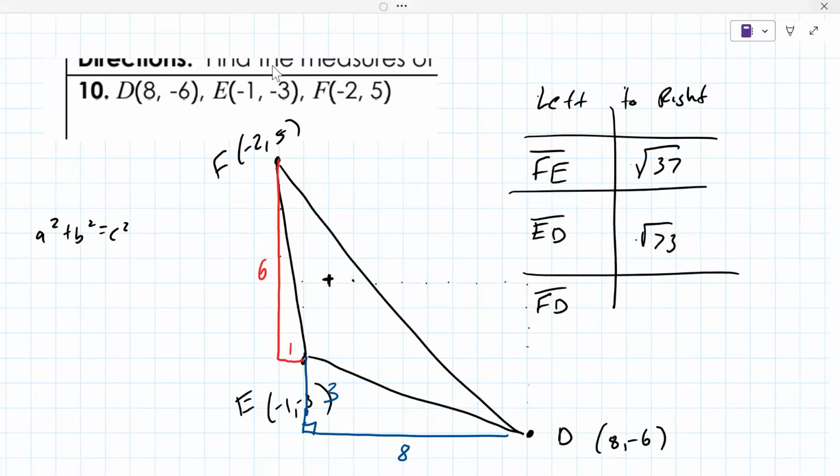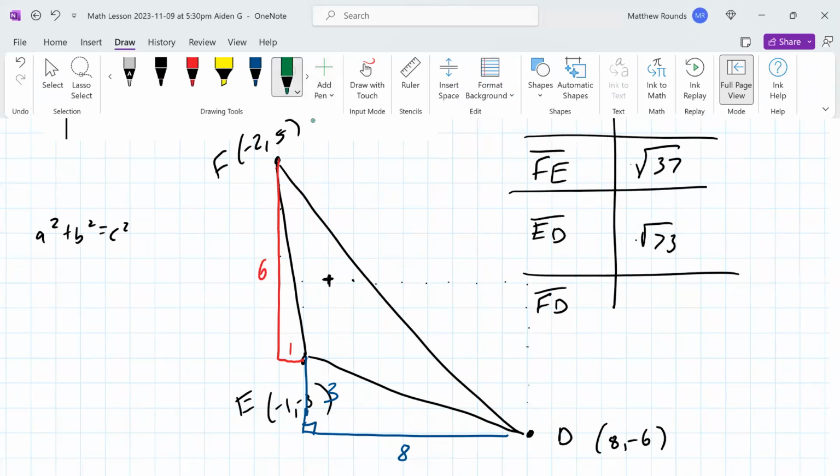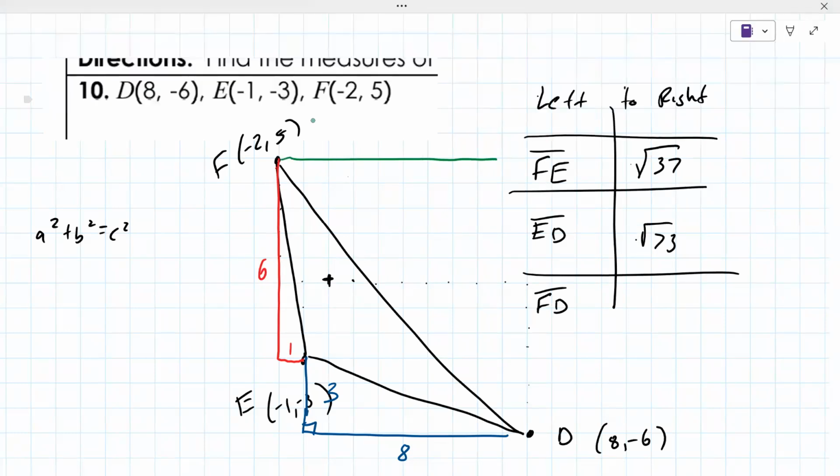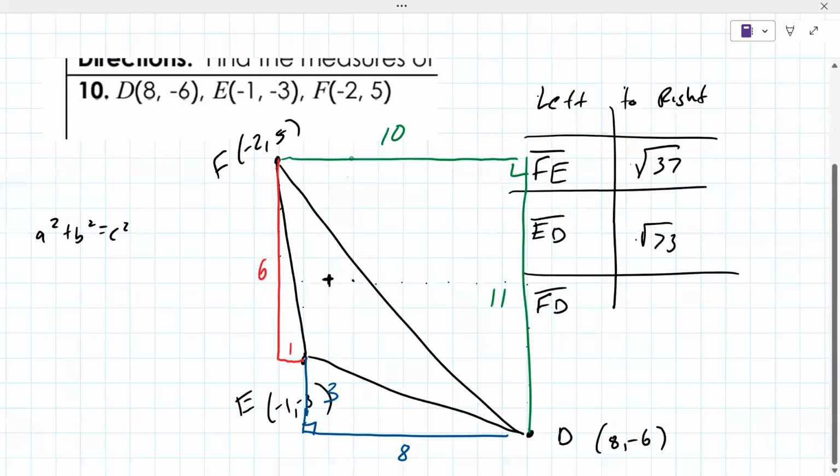Last one here, you'll notice we're about to create a rectangle. You're just counting. There are other ways to do it, but you're basically just counting. This is 10 and this is 11 for your sides. So could you calculate the third length for us, please?